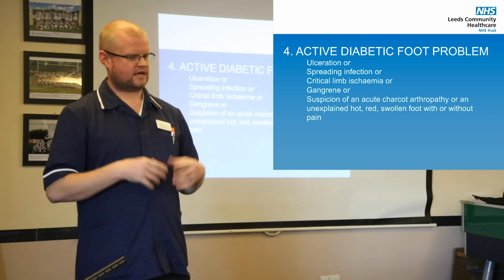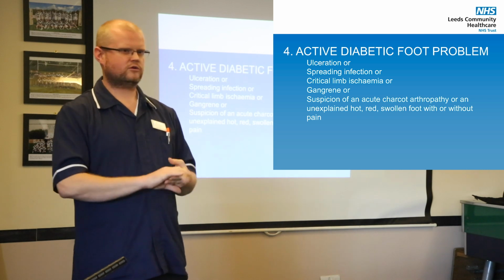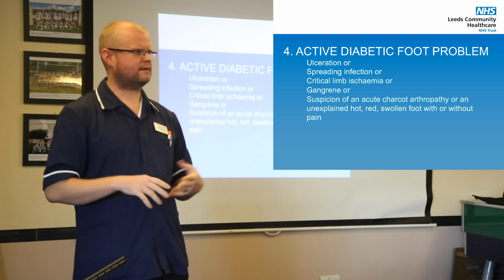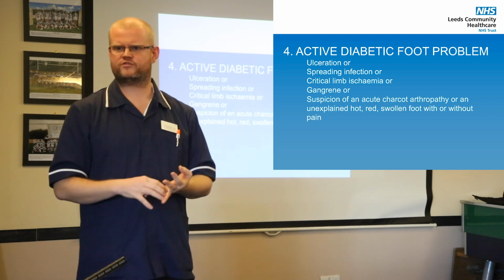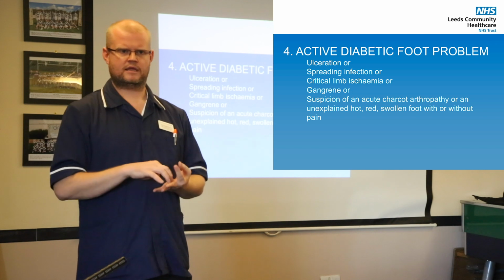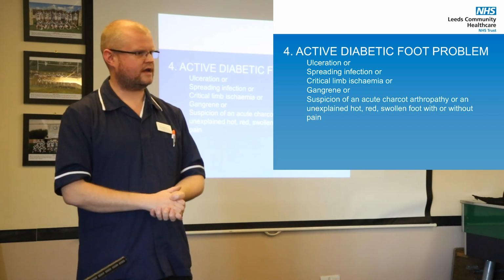So if you suspect that a patient has an ulcer, a spreading infection, critical limb ischemia, so somebody who perhaps presents with pain, you're unable to find a pulse, their foot might be pale or it may be very cyanosed in appearance.